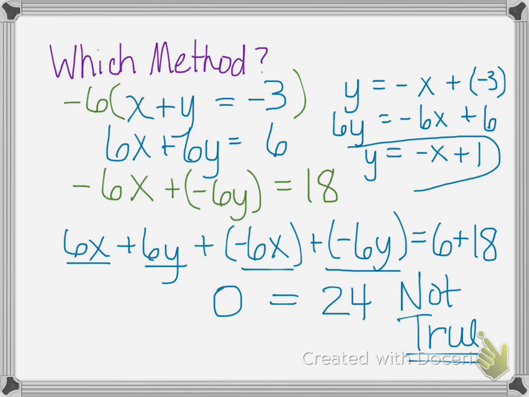So these are my two equations that I'm working with. It's pretty obvious now why there would be no solution to this system of equations. Because the slopes are equal. The slopes both have negative 1. The y-intercepts are different. So these are parallel lines that will never intersect. So there is no solution.